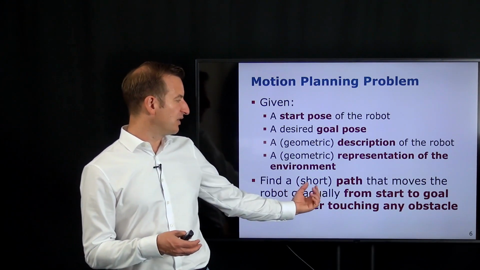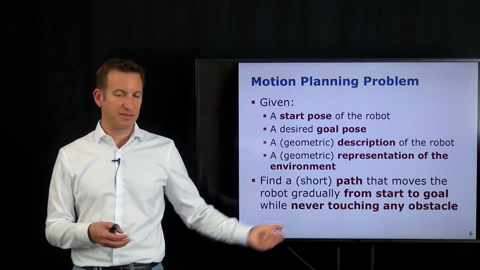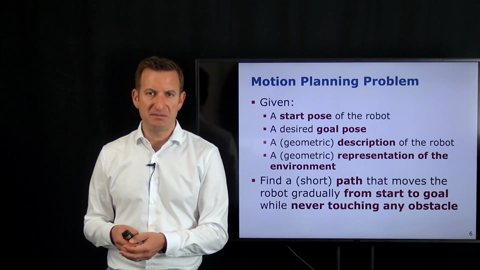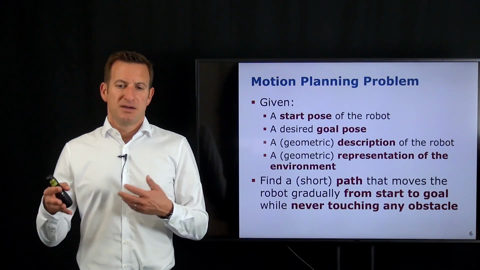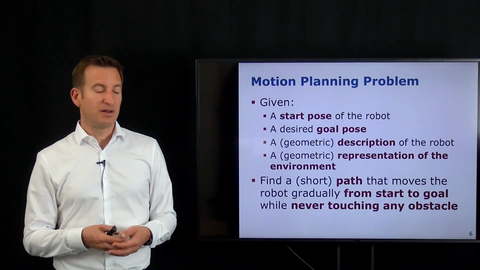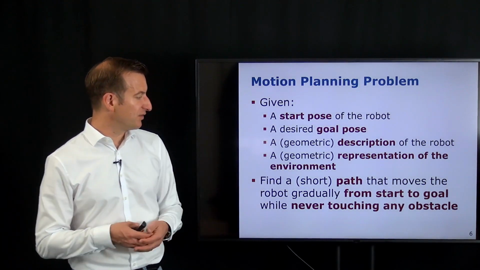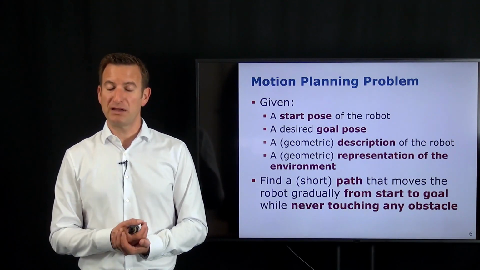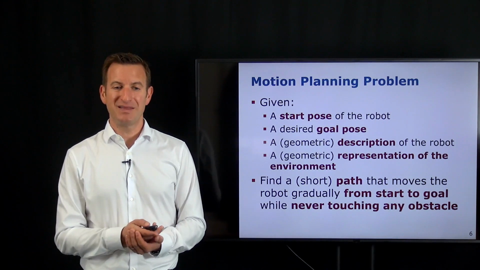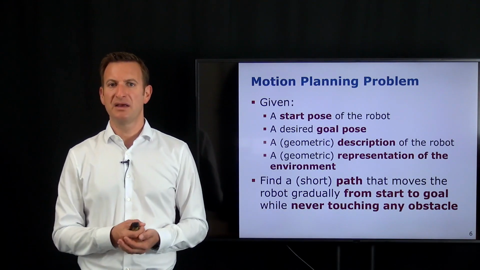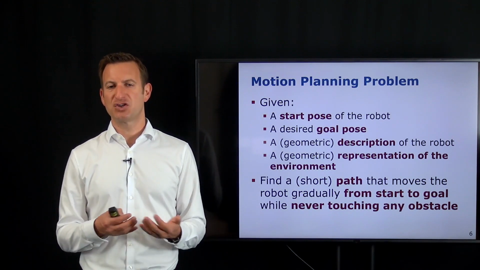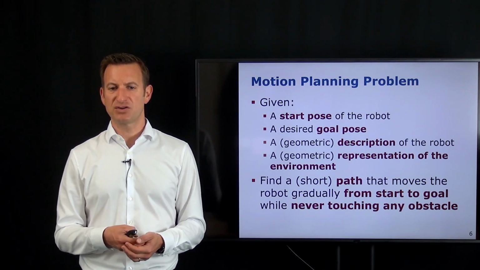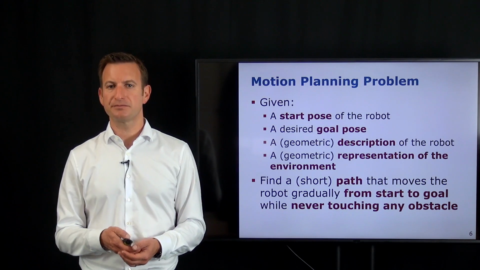Again, we said a short path, or the optimal path, or the path that minimizes certain accelerations, for example, or jerks. These are different things that, depending on your planning problem, you want to take into account. But in the end, it's a cost-optimal path, and the costs are quite often related to how much time it takes the system to actually reach that configuration.